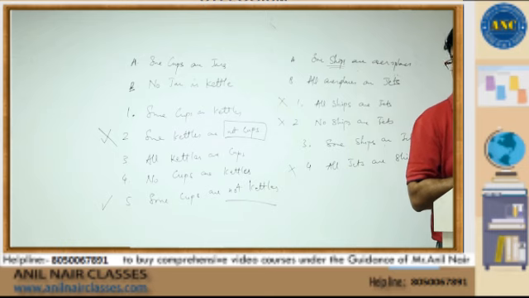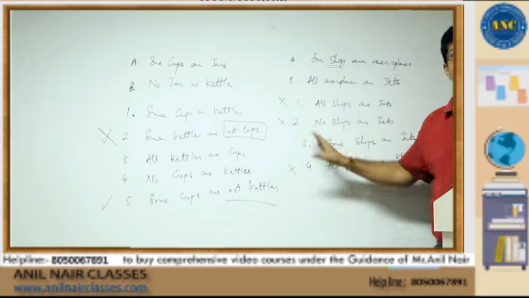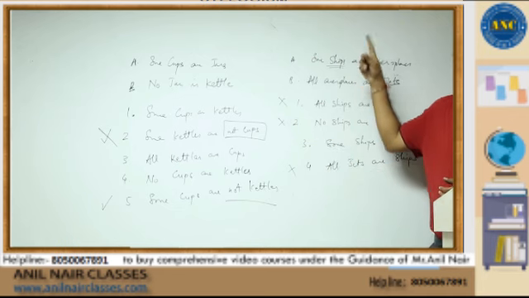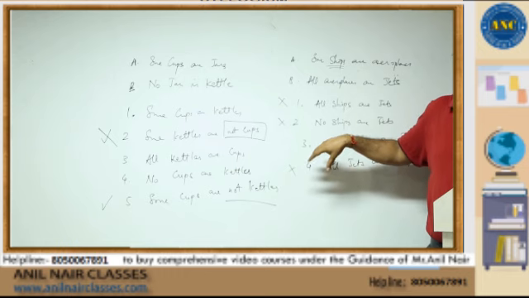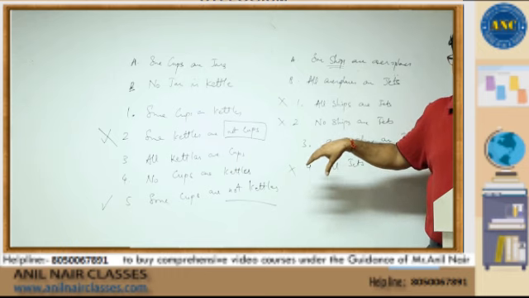Does that logically make sense to you? If you have something totally distributed in the inference and it's not distributed in the premise, there is no sense. So that inference cannot be a logical inference. So that's what your rule 2 says.